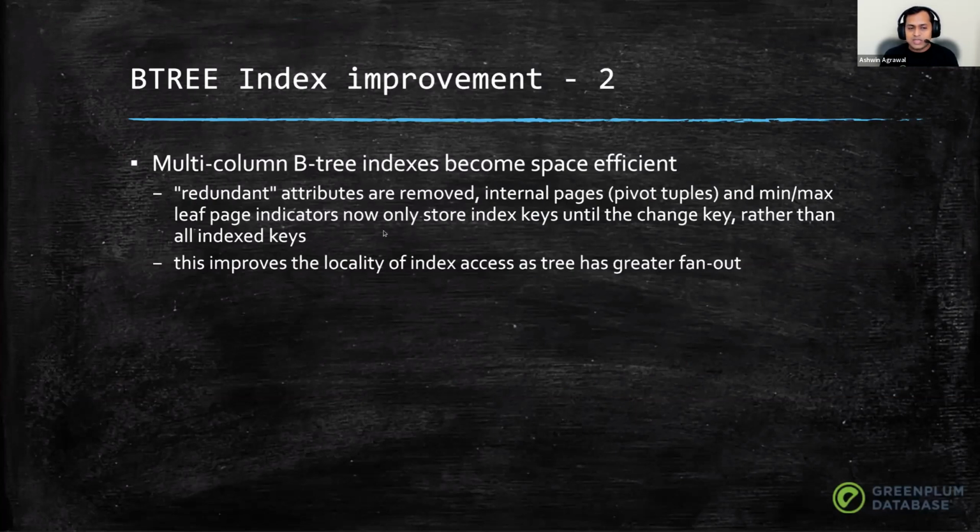The reduction came from the fact that internal pages now only store the values which are required to uniquely identify a tuple. In Greenplum 6, all internal pages and leaf pages were storing all the columns in the index. But with the improvement, internal pages are now storing only the columns which can uniquely help identify the leaf tuples.